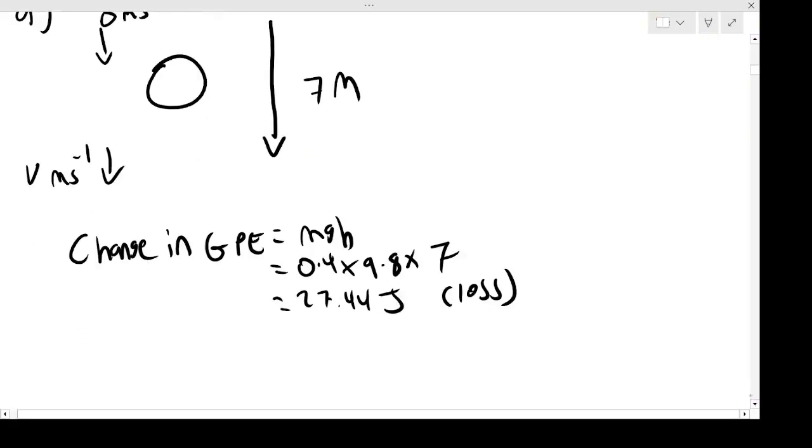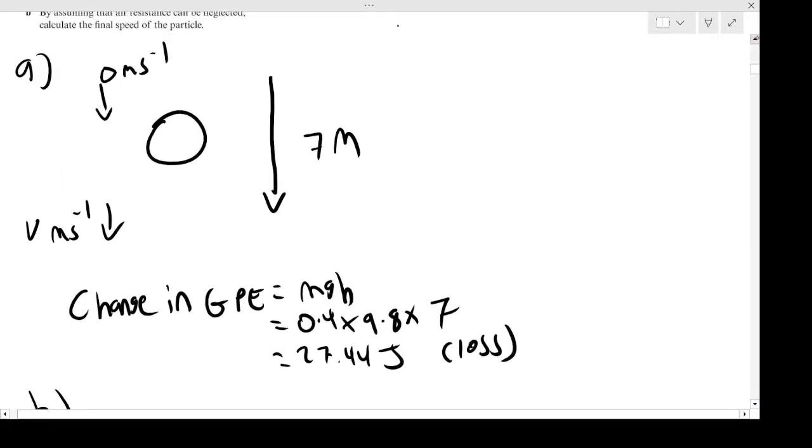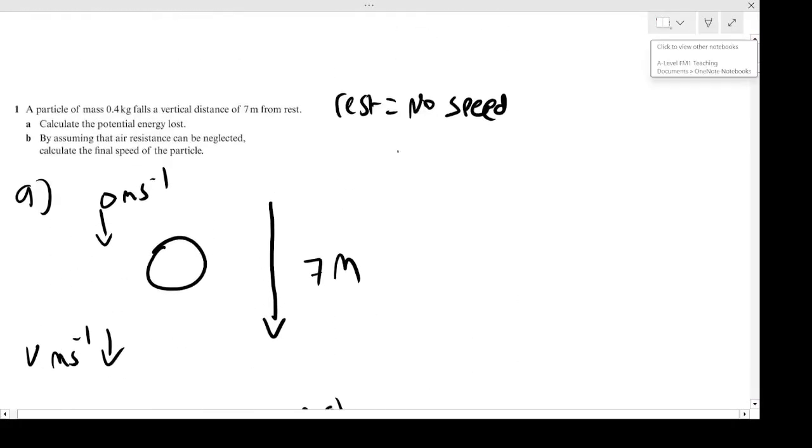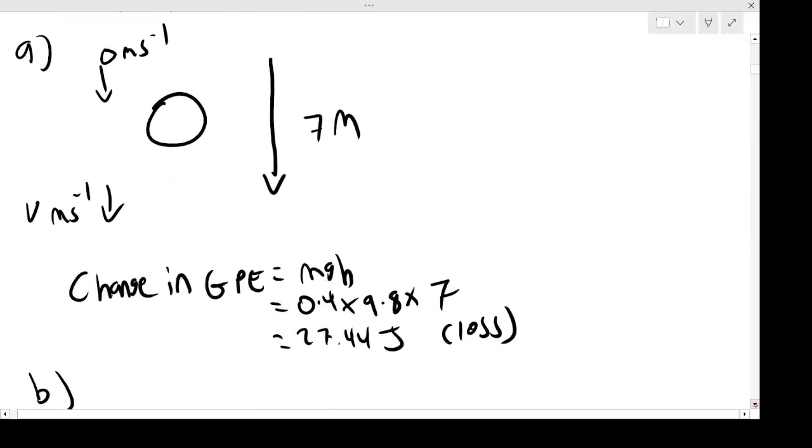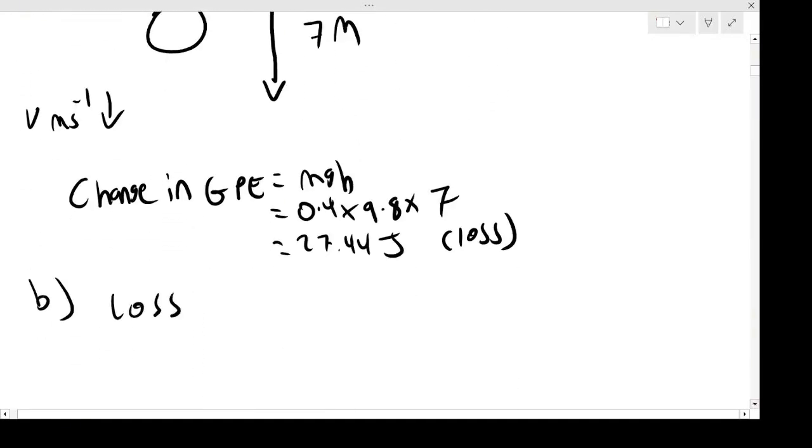So what we'd expect is that if we're losing this gravitational energy, we make that up with gaining kinetic energy. Because we lose GPE, the loss in GPE has to be the gain in kinetic energy.